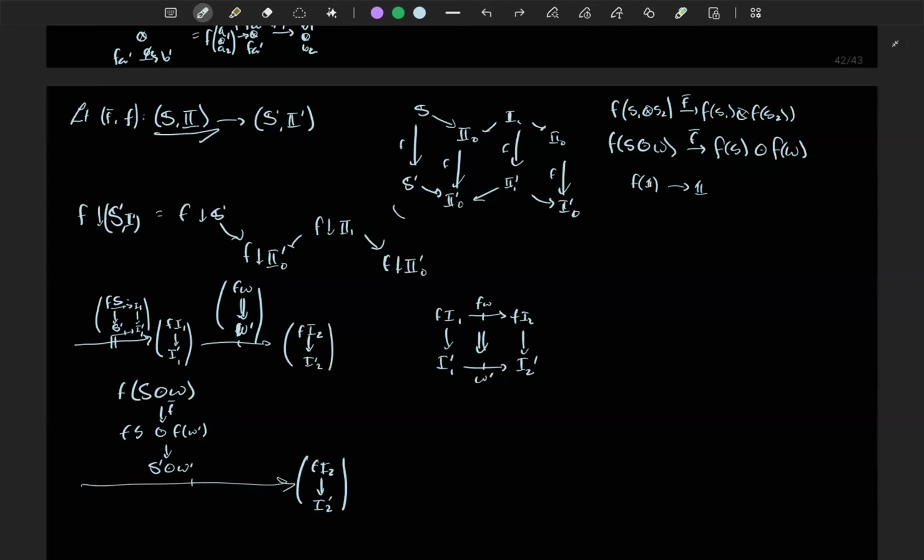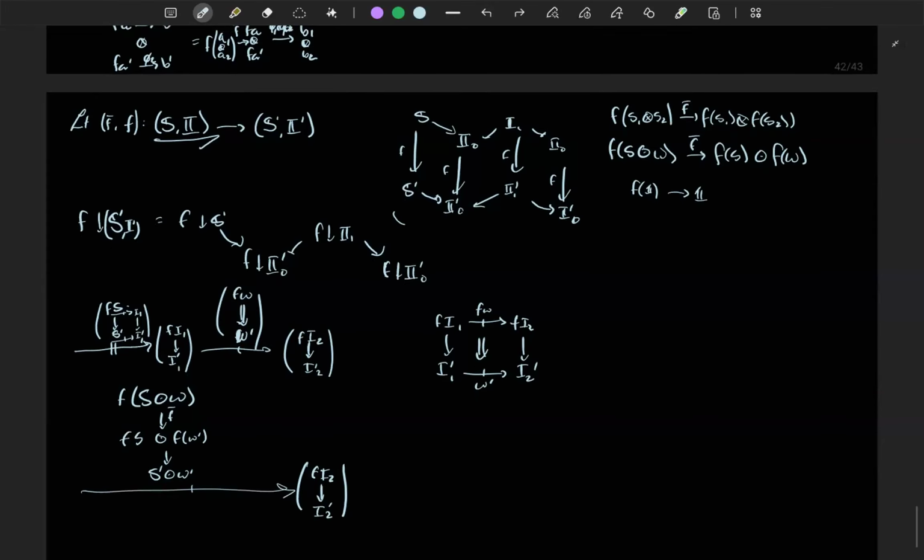So this is a lot. I'm going to make this a lot more concrete really soon. The main point is that this thing here, f down arrow s prime I prime, lives over s prime I prime via a strict morphism.